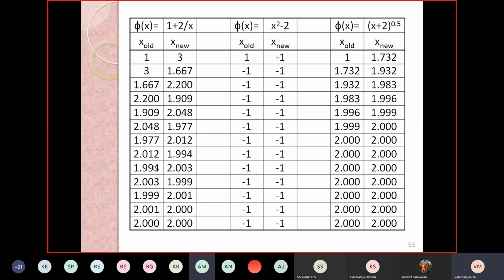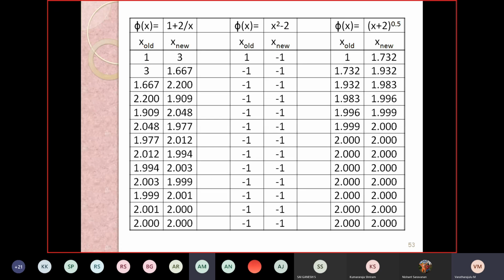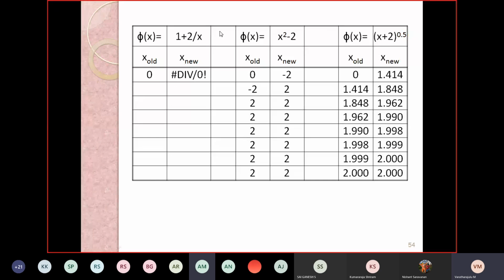And concerning the third case, we get the same value, that is x old and x new the same, in the 10th or 9th iteration. And concerning x is equal to 0, in the first case when the division is 0, we need to stop the iteration there itself, because division by 0 means we will get infinity.